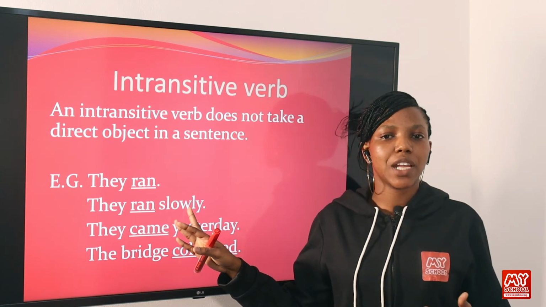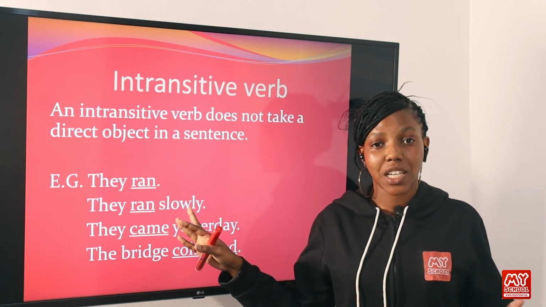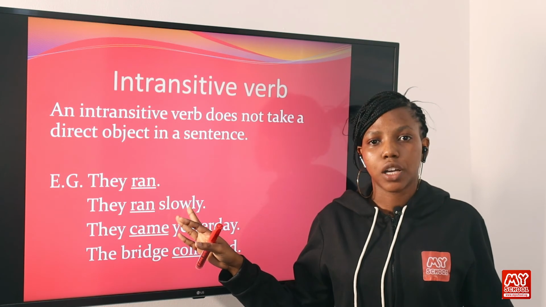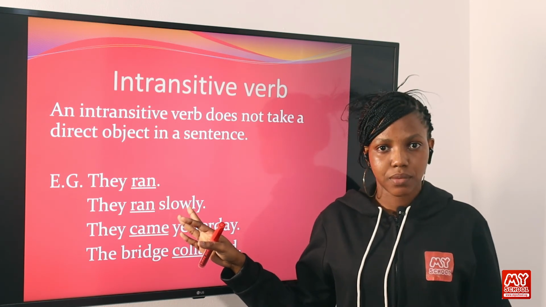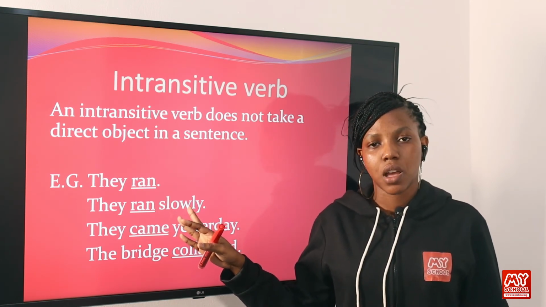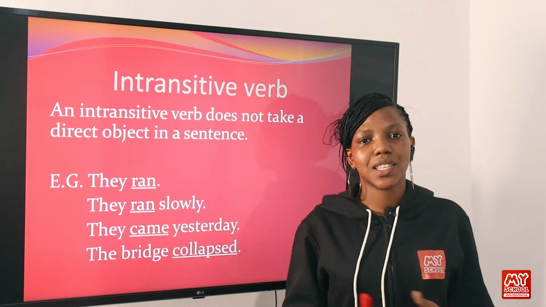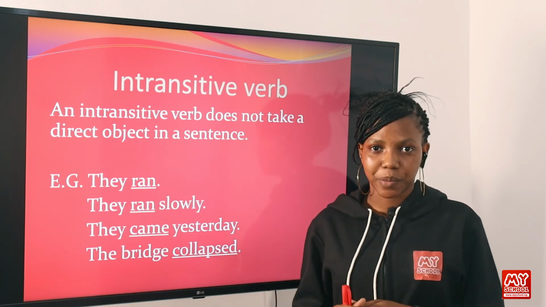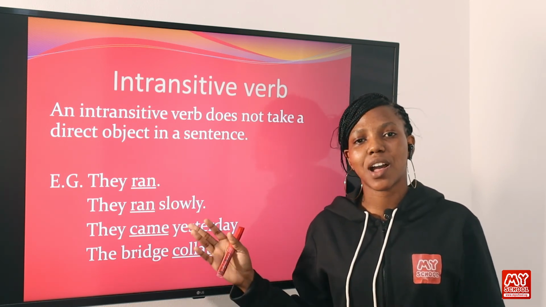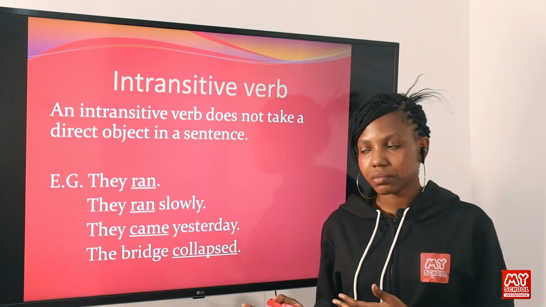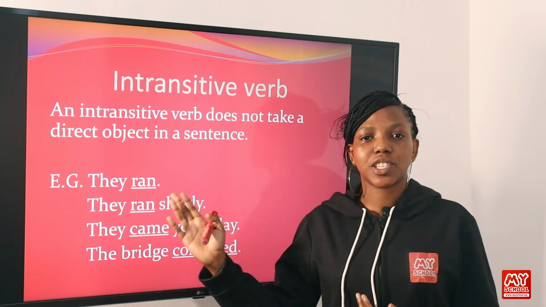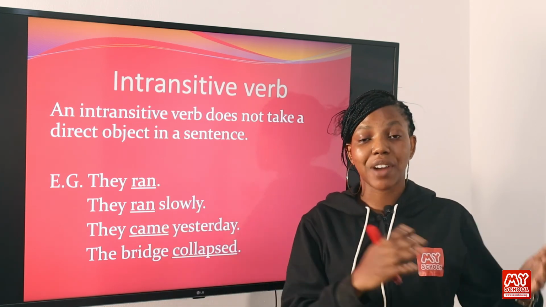I won't be explaining what adverb is, but subsequently in our videos, I'll be explaining what an adverb is. But this is an adverb. So the verb in this sentence is an intransitive verb because it does not have a receiver. This is only describing how they ran.